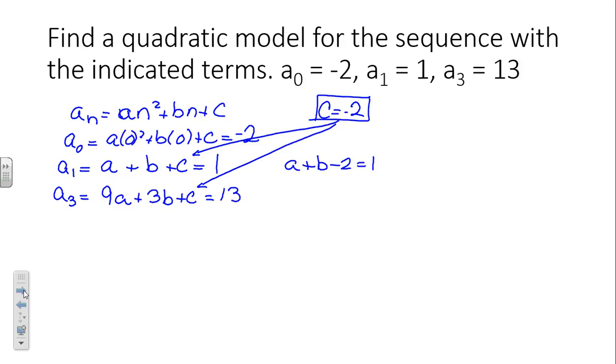Adding 2 to both sides, a plus b is 3. And 9a plus 3b minus 2 is 13. So adding 2 to both sides, 9a plus 3b is 15.